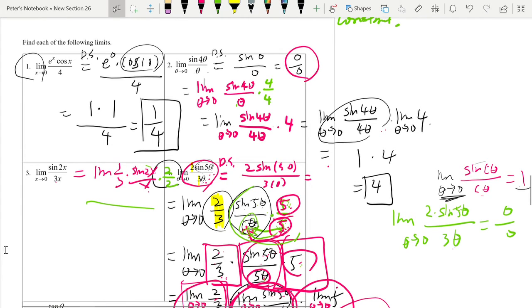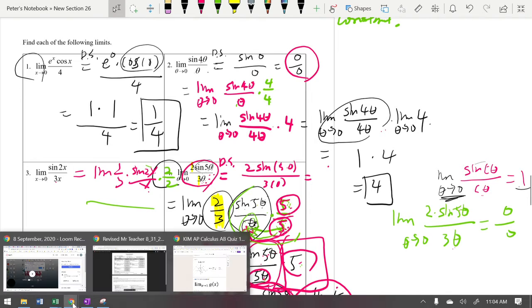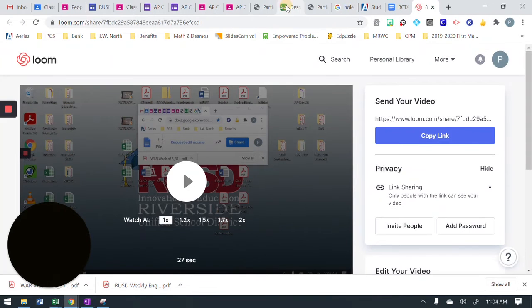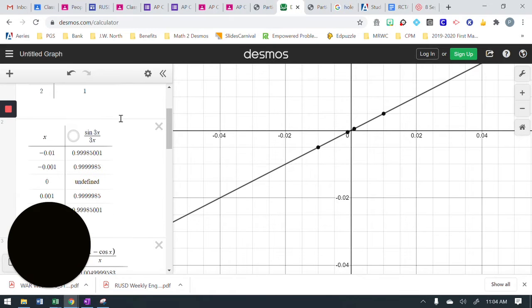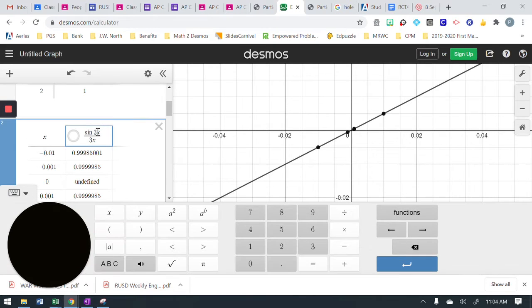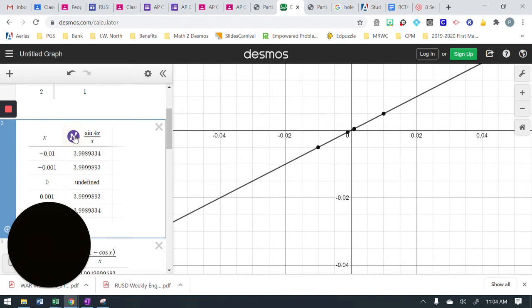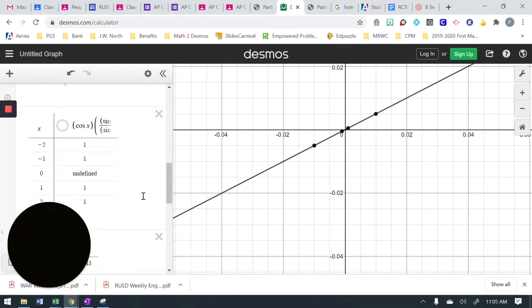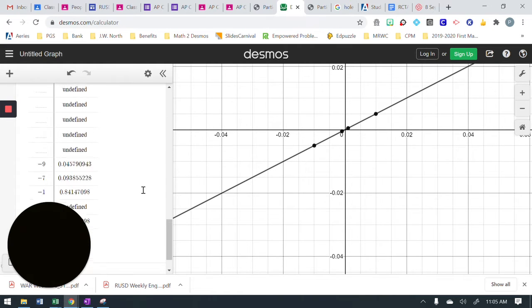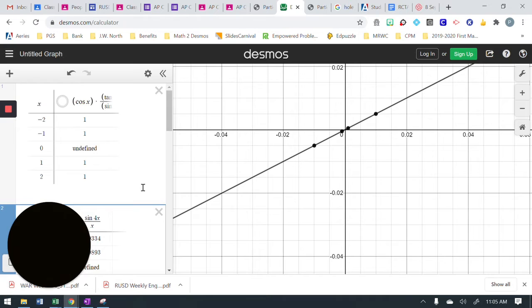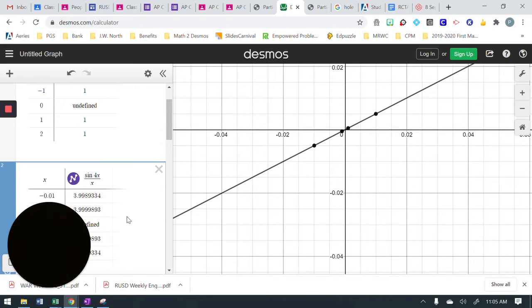How can you check this out? Of course, this doesn't prove algebraically where it's reaching, but if you actually graph this out using Desmos, which you learned today, right? This is sine 4x over x.